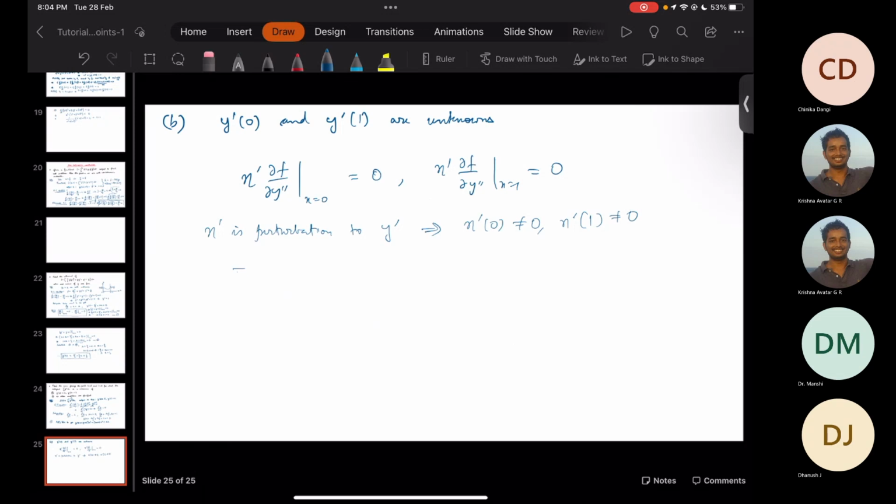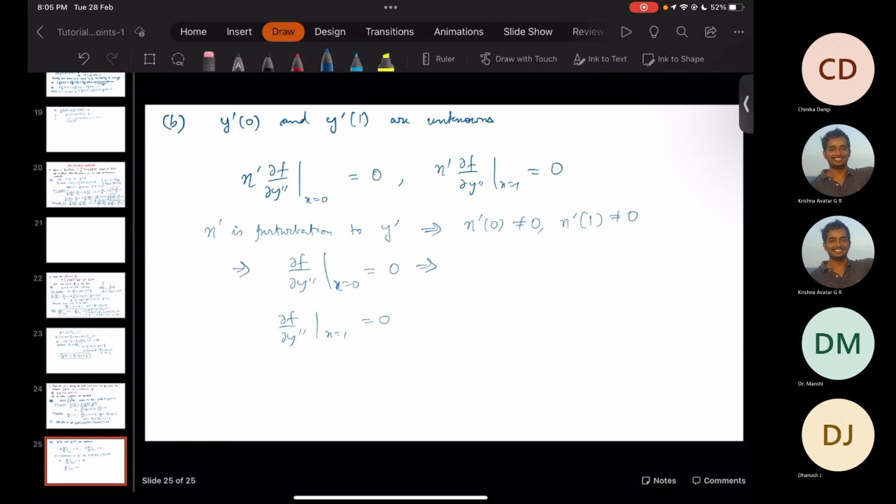So what we are left with is del f by del y double prime at x is equal to 0 is 0, and del f by del y double prime at x is equal to 1 is also 0.